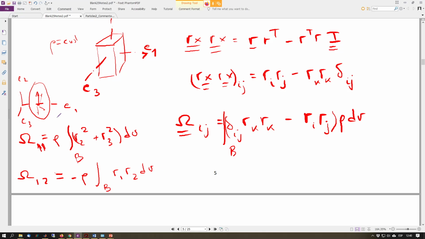If it's an axis of symmetry, in fact, the integral of R2 is symmetric, so that would give us zero if it is an axis of symmetry.